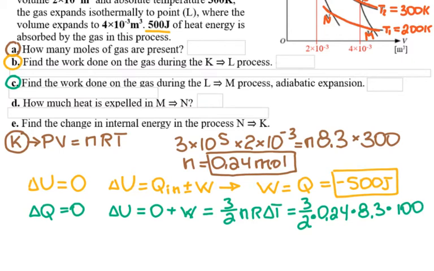From here I can calculate the work, which is also a negative number, so I should have plugged in negative 100 because it's final minus initial: 200 minus 300. So it's going to be negative 299 joules.